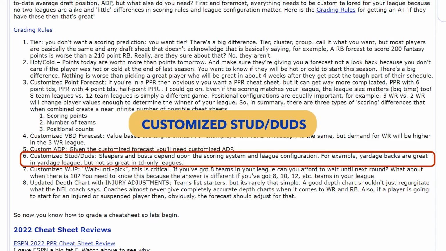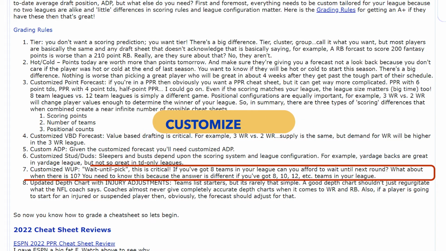So it's all really it depends upon your league, your scoring setup, etc. So wait until pick. So in your league, you might want to wait on a player until they become valuable. So that needs to be customized for your league.